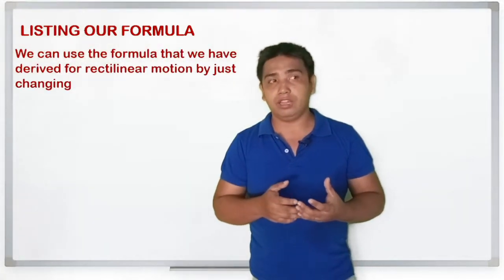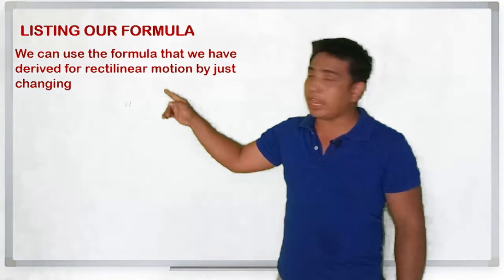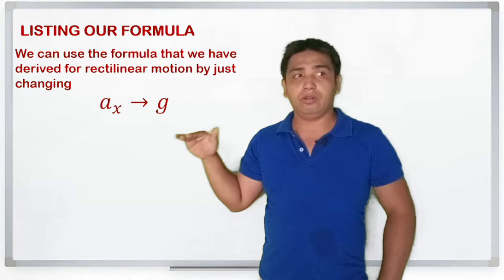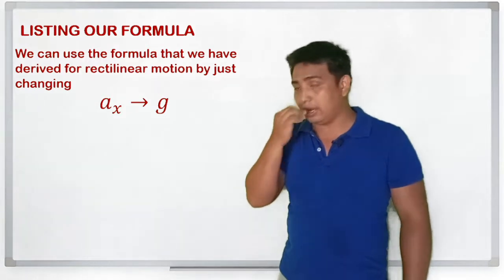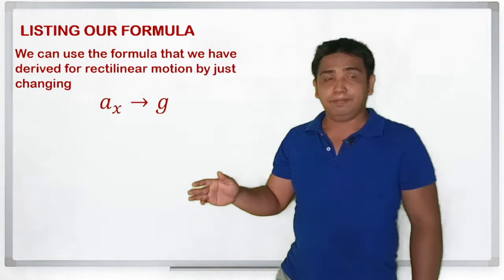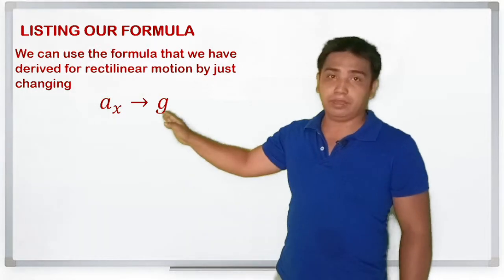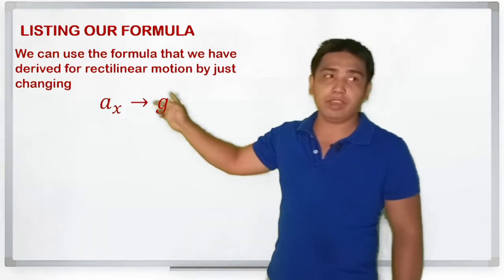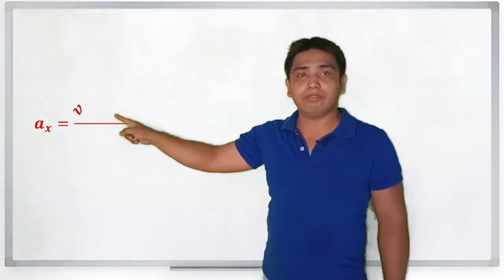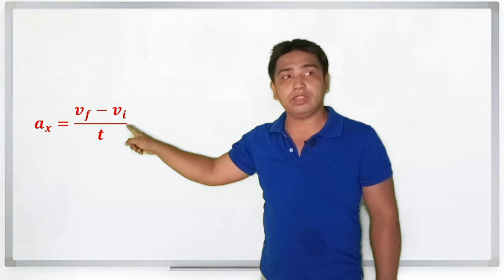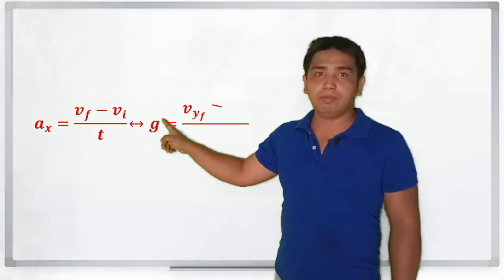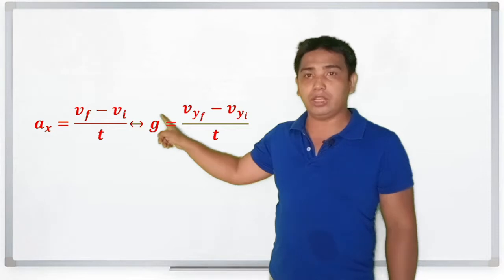In rectilinear motion, ax is the acceleration in the x-axis. But right now we are dealing with vertical acceleration, which is given by the Earth. So we are using g in place of ax. So this formula, ax is equivalent to vf minus vi all over t, can be written with g, because that is the value of our acceleration.